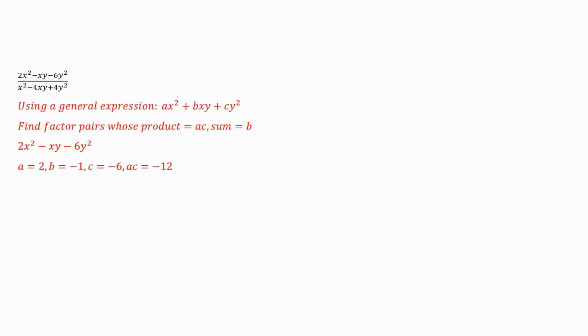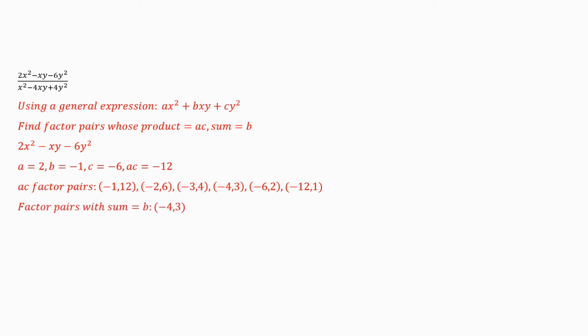So we need to find the factor pairs of -12, and they are -1 and 12, -2 and 6, -3 and 4, -4 and 3, -6 and 2, and -12 and 1. So out of these factor pairs, the pair whose sum is equal to b, or -1, is -4 and 3.